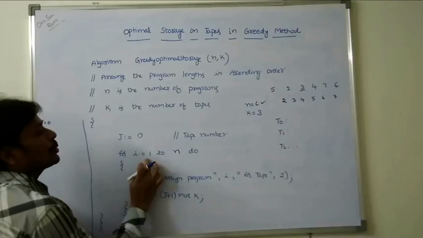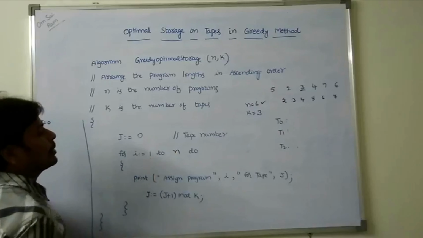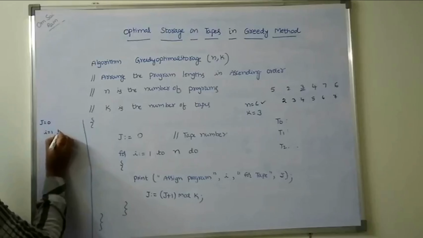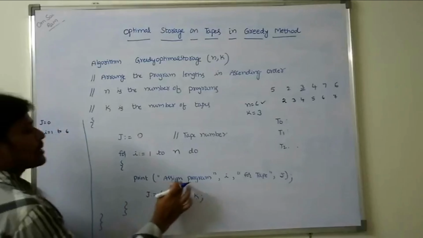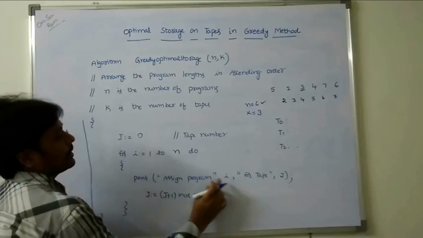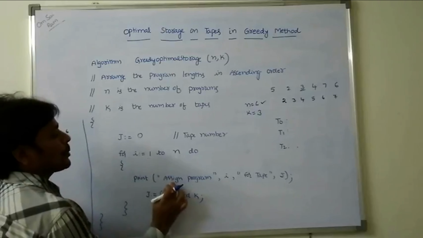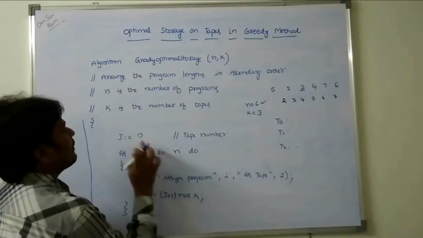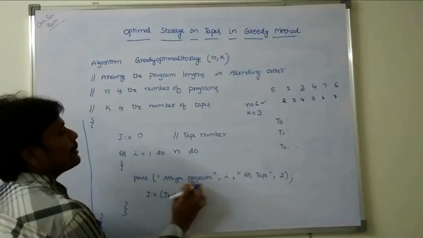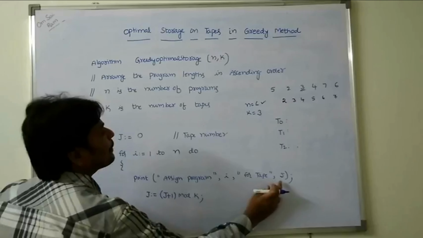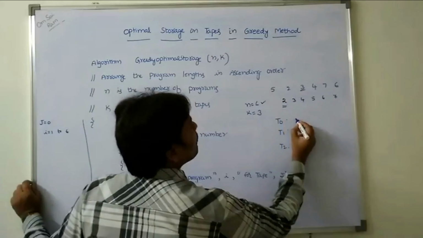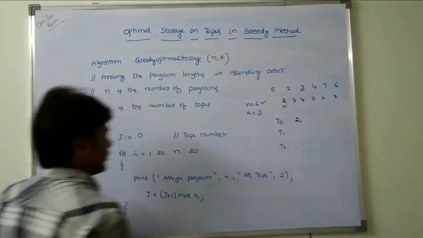For i is equal to 1 to 6, n is equal to 6, print assign program i, that is i value 1, so assign program 1 for tape j, j value is 0, assign program 1 for tape 0.